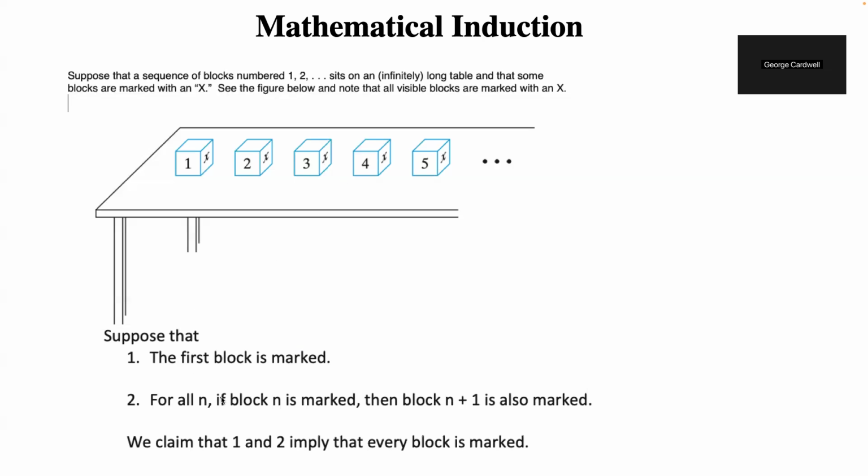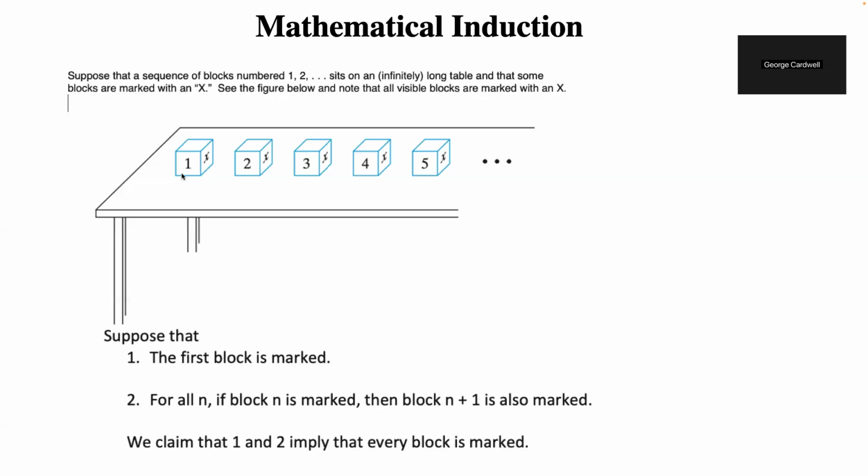If both of those conditions are true, then we claim that 1 and 2 imply that every block is marked. Because you're saying, okay, the first block is marked, and then you're saying for any arbitrary number n, or for all n, if block n is marked, then so is n plus 1, the one right after it.